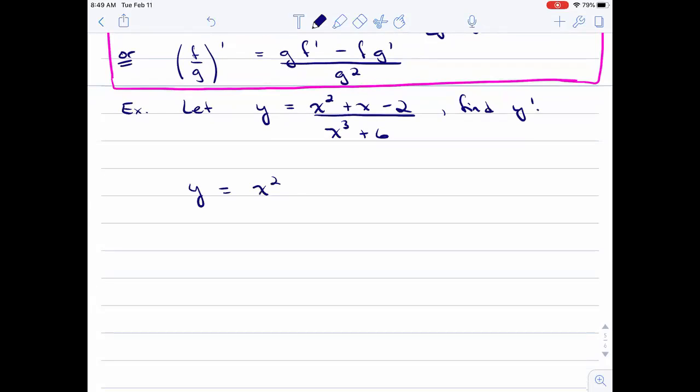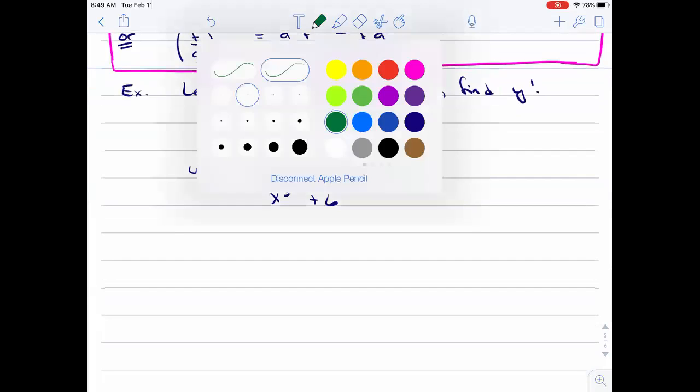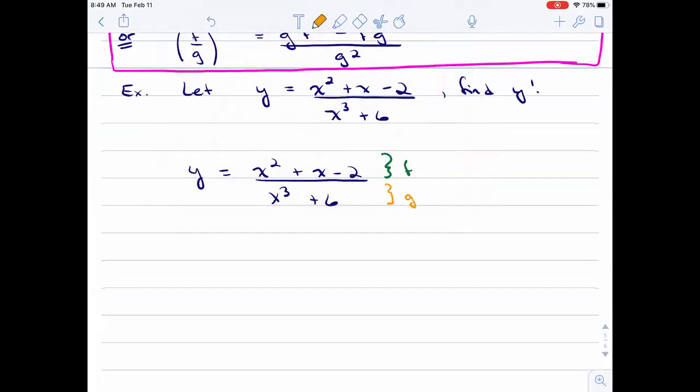I just want to highlight that in this case, this is our f, and this is our g. If you wanted to, you could find the derivatives independently and then smush them into the quotient rule. That's fine. But I'm just going to build them all in.